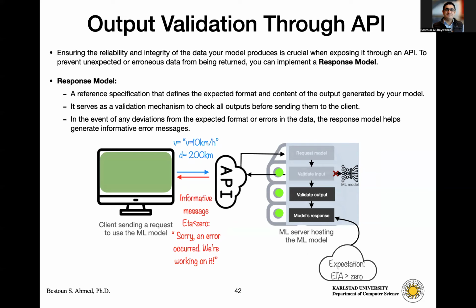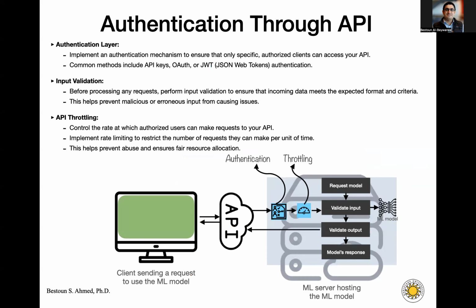If you send it to the model and there is some output error, you have to give an informative message as an output, not just an error message. Say, sorry, an error occurred, we are working on it, or something like that for the server. So things like that are very important.